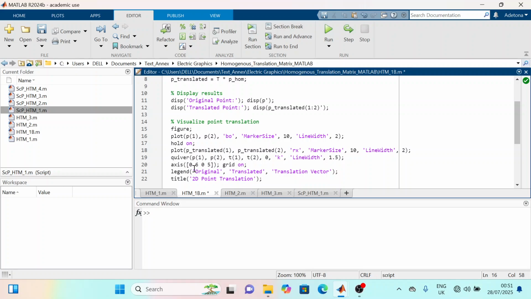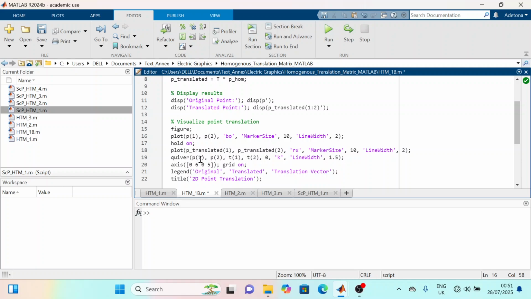But to now indicate the direction, quiver, as I've told you before now, represents the direction of the vector. For you to be able to indicate direction, there must be a line with an arrow.